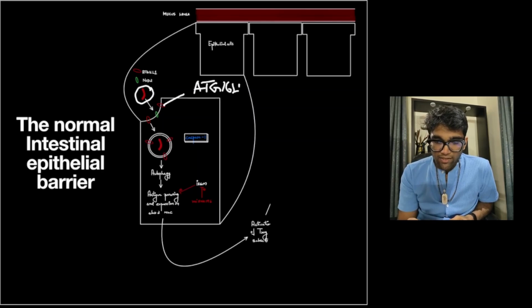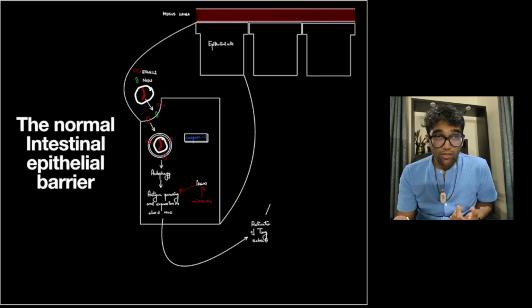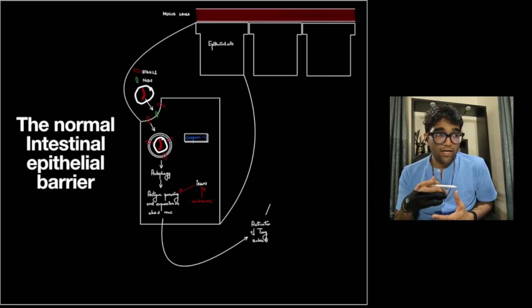Okay, and the green protein is our familiar NOD2, which is a NOD-like receptor. Now ATG16L1 essentially traffics this endocytosed bacterial product into a phagosome, or an endosome, and that endosome is then processed through a process called autophagy.